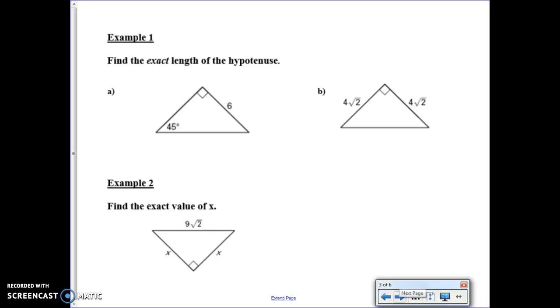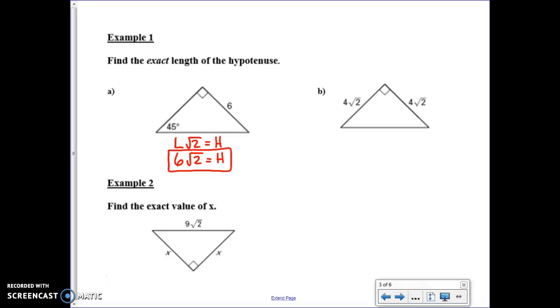So here's how we're going to use it. I shorten that, leg radical 2 equals hypotenuse, into L radical 2 equals H. So if I know the leg length is 6, I'm going to bring down radical 2, and that equals my hypotenuse length.